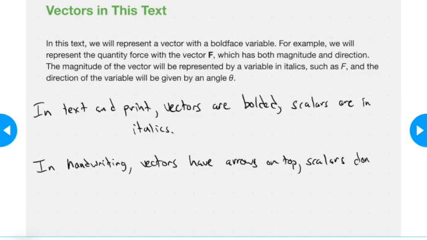Scalars don't. So for example, we usually do a little arrow. I like to do a half arrow because it makes it a little bit neater for me, but whatever you prefer. But that's how you indicate between scalars and vectors whether you're going to have just a magnitude or a magnitude and a direction.